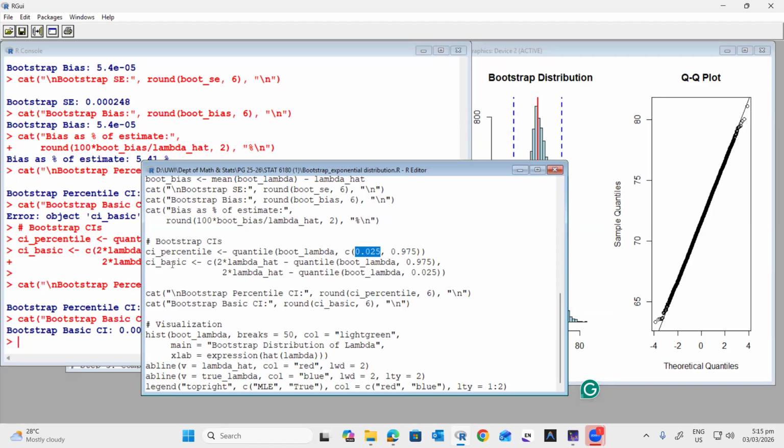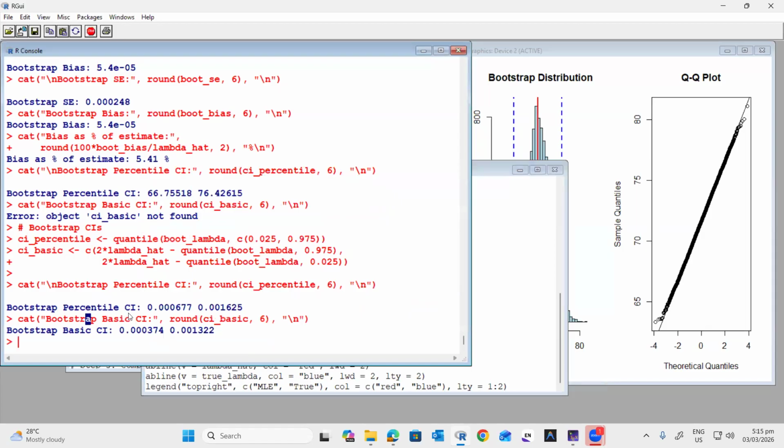And for the basic function that we have used, 2 times lambda hat minus quantile of boot lambda at 0.975, and 2 times lambda hat minus quantile of boot lambda at 0.025. So for both of them we have the bootstrap confidence interval, right?